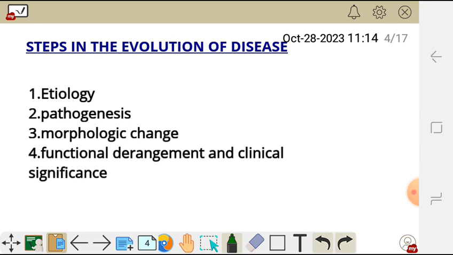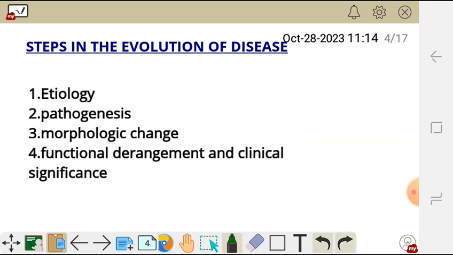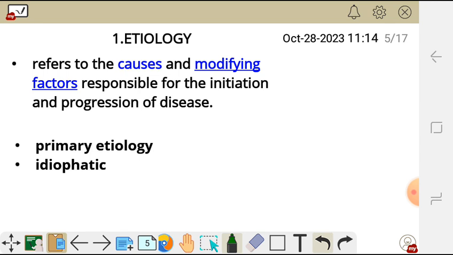After pathogenesis, we have morphologic change, and then from there we have a functional derangement or clinical significance. So these are the evolutionary steps of a disease. Okay, so we're going to look at these steps one by one in detail. So these are the 4 aspects of the disease. Okay, so let's start by looking at etiology.